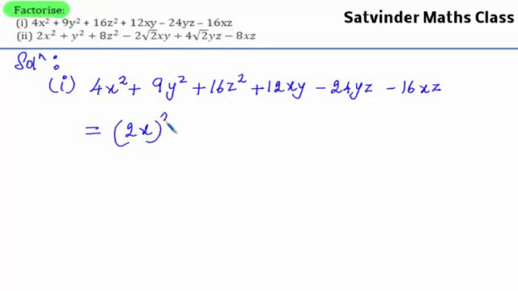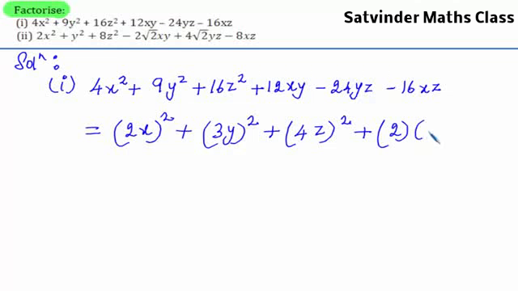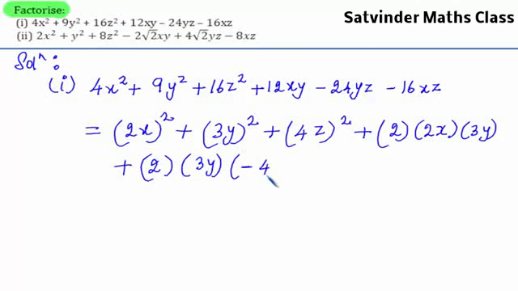2x whole square, since 4x square can be written as 2x whole square, plus 9y square can be written as 3y whole square, plus 16z square can be written as 4z whole square, plus 12xy can be written as 2 into 2x into 3y, plus minus 24yz can be written as 2 into 3y into minus 4z, plus minus 16xz can be written as 2 into 2x into minus 4z.